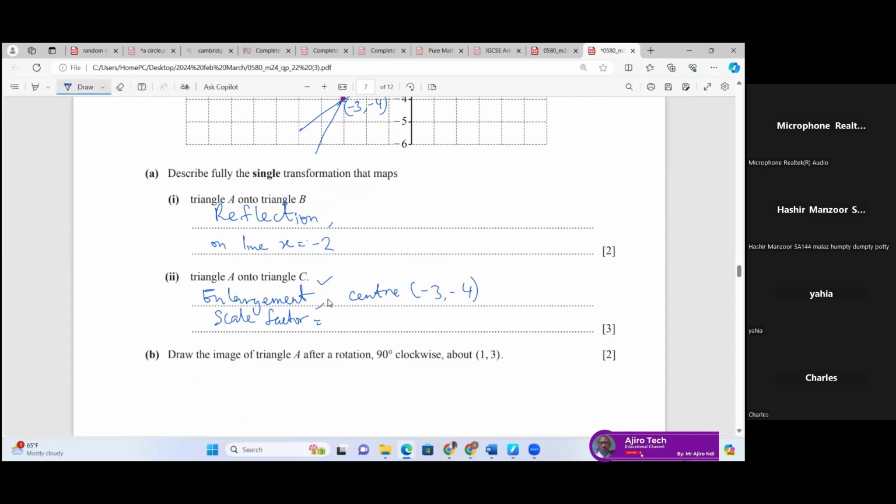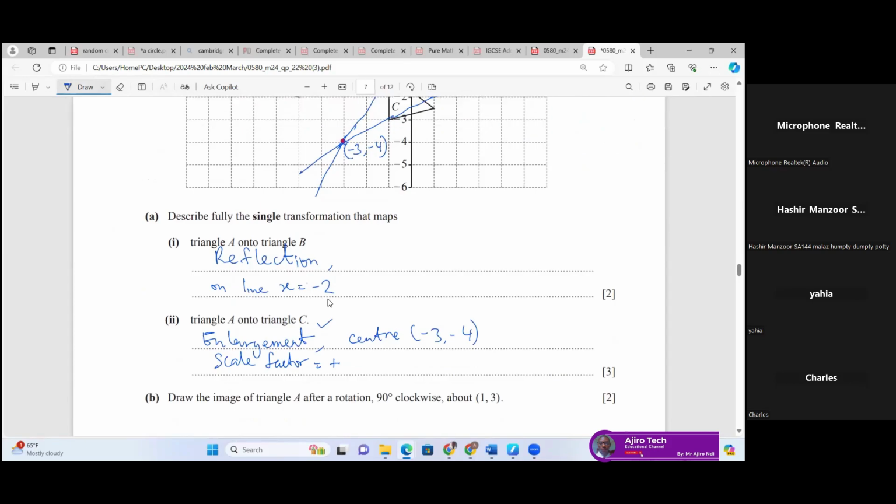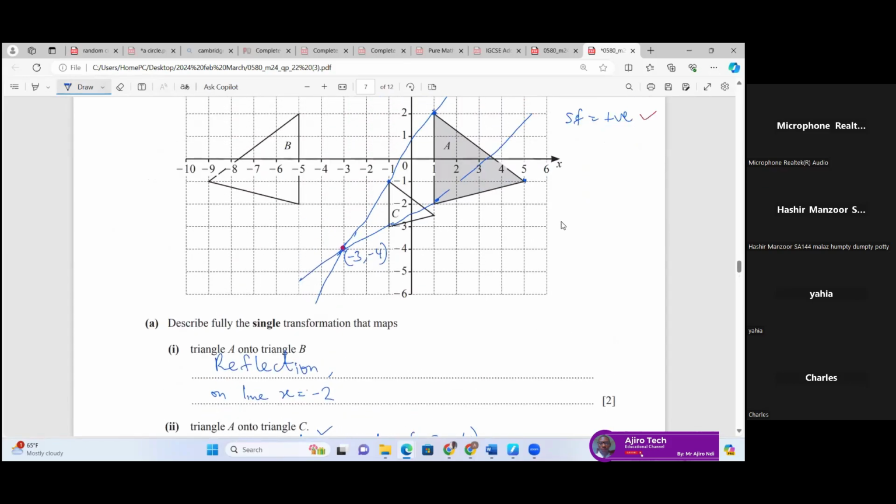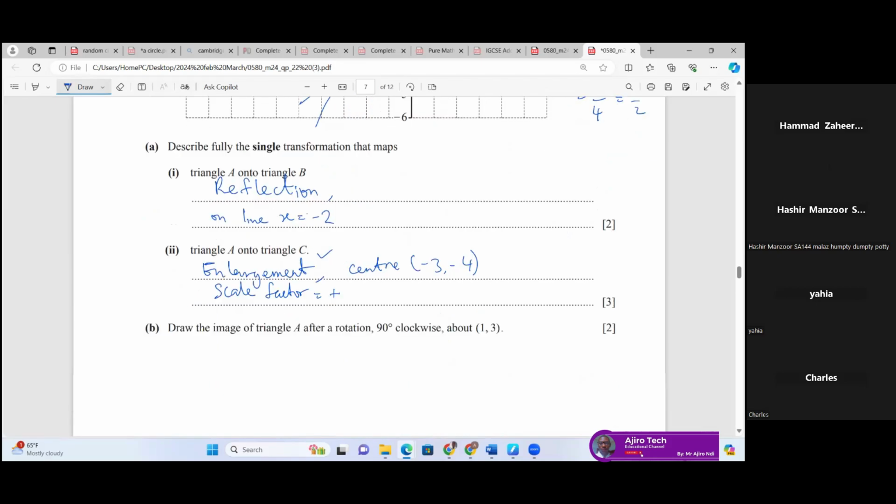The scale factor is image length over object length. Look for corresponding sides, you can easily measure them. This is 2 divided by 4. The 2 over 4, in lowest terms, is 1/2.